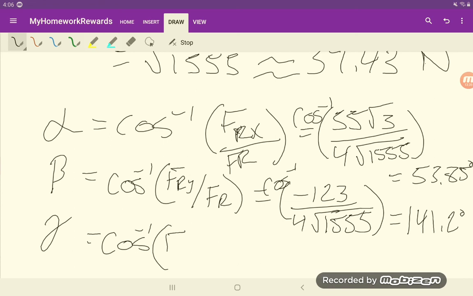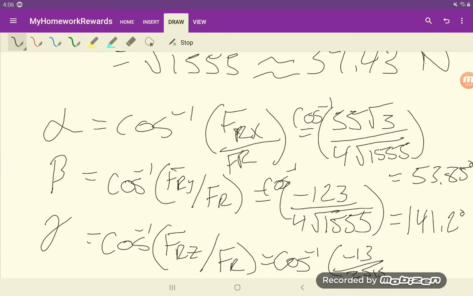And for gamma, we'll use the z component over the whole force, which gives us 99.49 degrees.